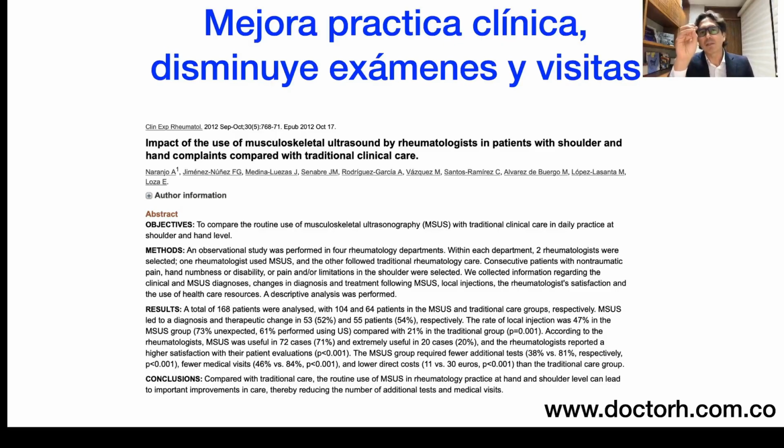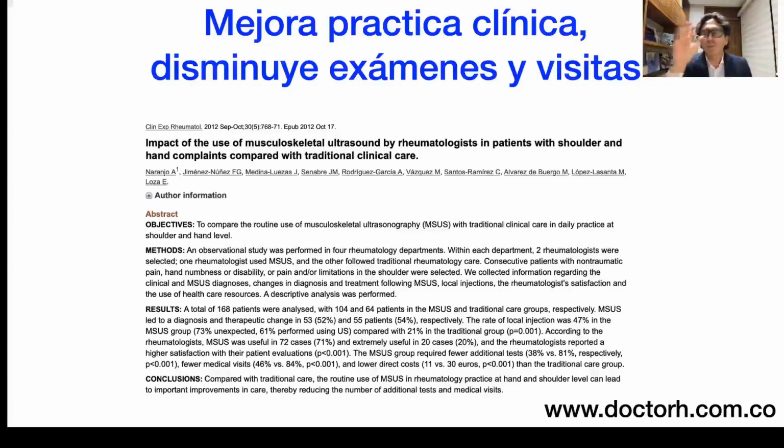When we have a patient, we are convinced that we have improved clinical practice, reducing tests and visits, not just because the literature says so, but because when we examine our patient, we immediately do an ultrasound for certain segments. It's very quick.